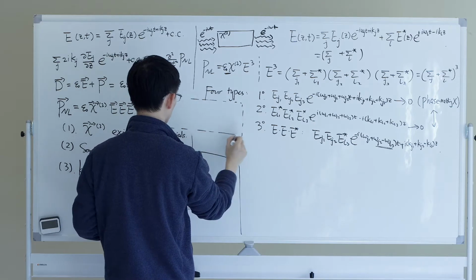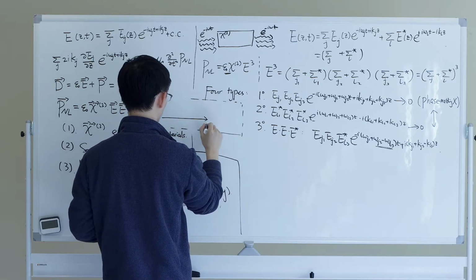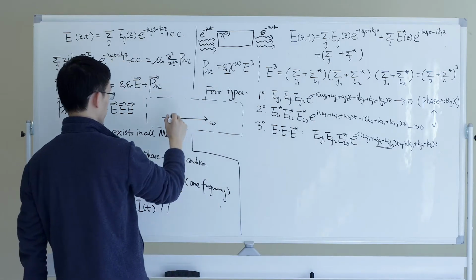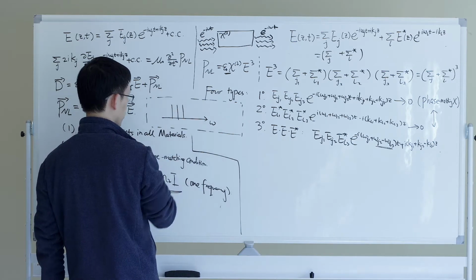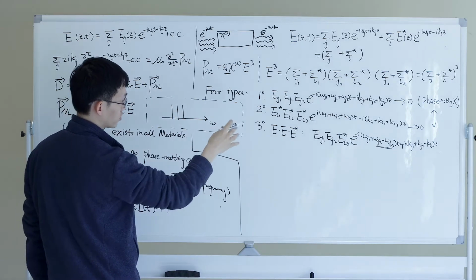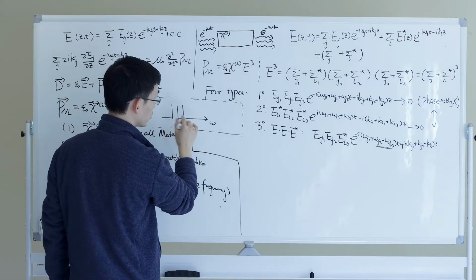We can draw a picture here. If this is omega frequency, then you can have one component, the other components, and then this is, let's say, J1, 2, and 3.